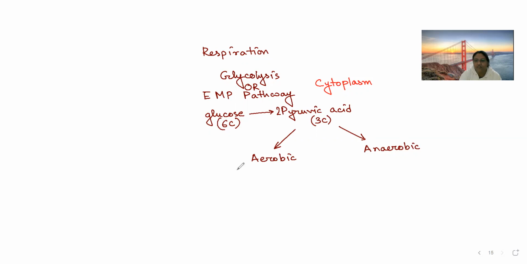After this, in case of aerobic respiration, it is occurring in mitochondria. In anaerobic respiration, it may occur in mesosome or it may occur in cytoplasm further. Okay. So that's why glycolysis is really very important pathway from the point of view of respiration.